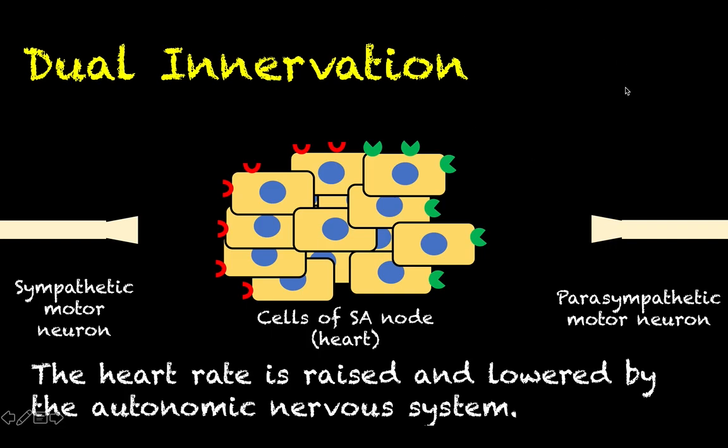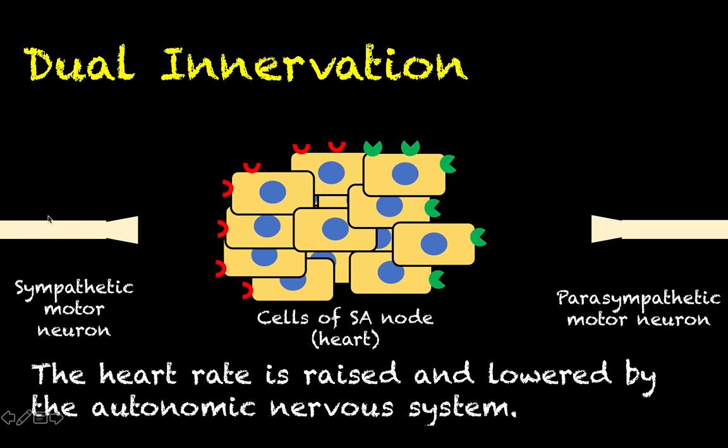But what we're looking at here is a tissue effector. This is the SA node of the heart, or the sinoatrial node of the heart. The sinoatrial node of the heart consists of pacemaker cells that help to determine what a person's heart rate is. Now, the way in which we raise our heart rate and lower our heart rate according to systemic demands and conditions throughout the body is through the actions of the sympathetic division of the autonomic nervous system.